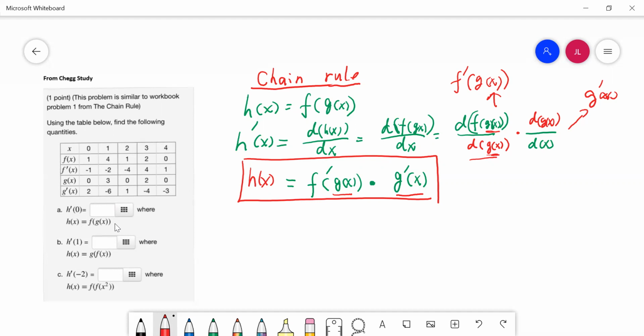So this is A. For B, to avoid confusion, I'm going to rewrite this as k: k derivative at 1, where k(x) equal to g(f(x)). For C, I'm going to use L: L function at -2, where L(x) equal to f(x) squared.